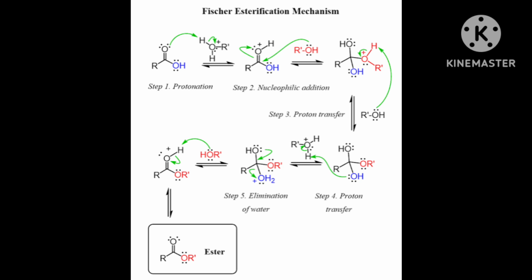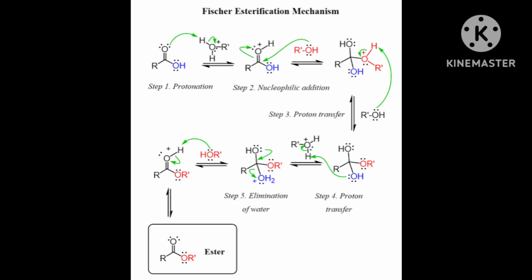Now these ions will go to the opposite charge, negative will go to positive. And what you get is the actual final product. Then obviously you will get two products. One product will be ester. The ester formula you know, RCOOR.